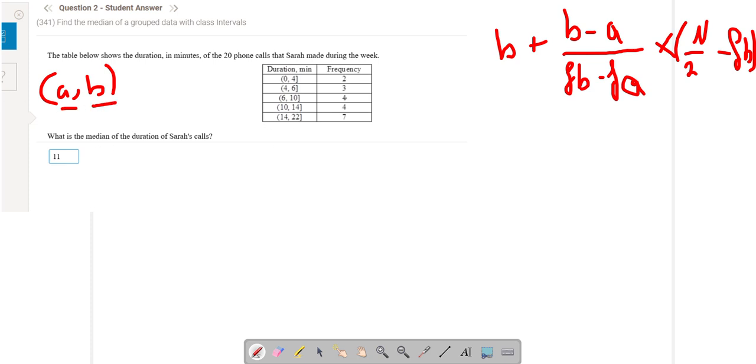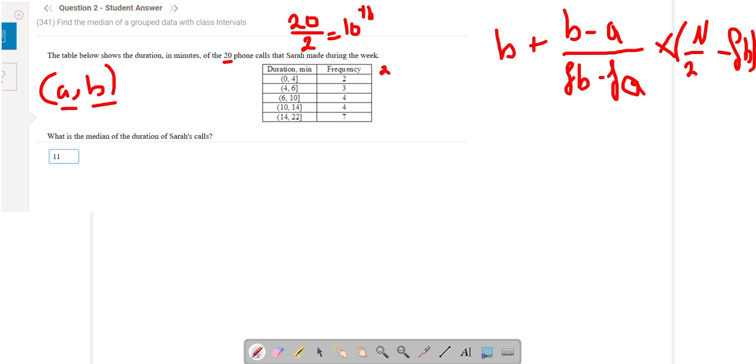So we firstly take the entire frequency n, 20, divide that by 2, we'll get 10. So the median is in the 10th position, or the median class that contains the 10th position. So how do you find that median class? You get the cumulative frequency.